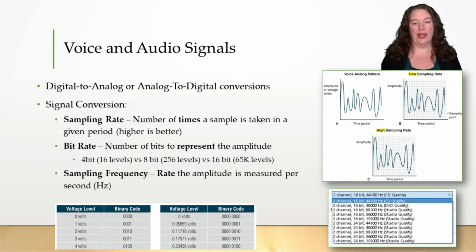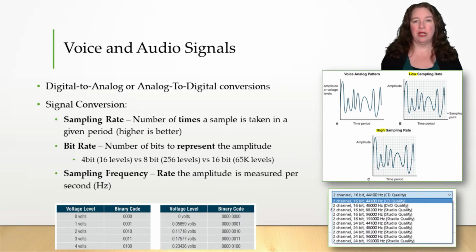Our bit rate is how many bits do we want to use to represent that amplitude. So if we look straight down at the bottom where we have our voltage levels and our binary codes, you can see that in one case we have 4 bits, and in one case we have 8 bits. The 4-bit bit rate can only do a single volt per bit code.